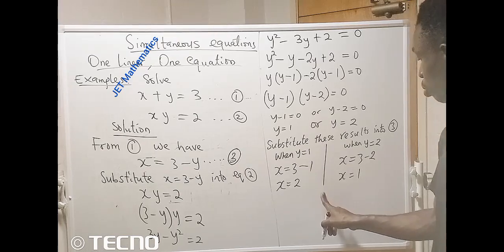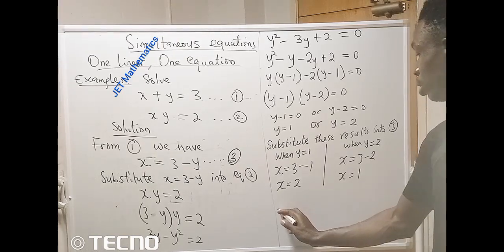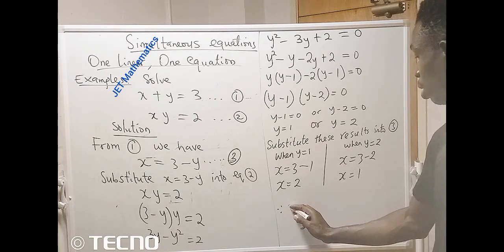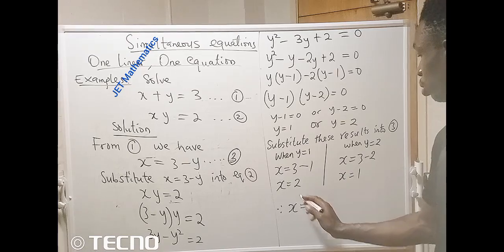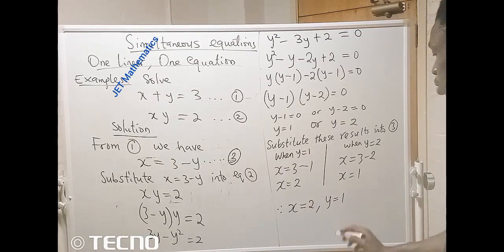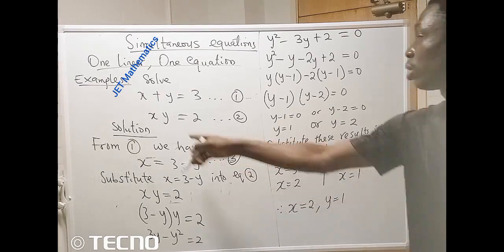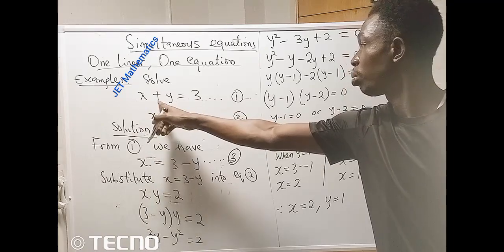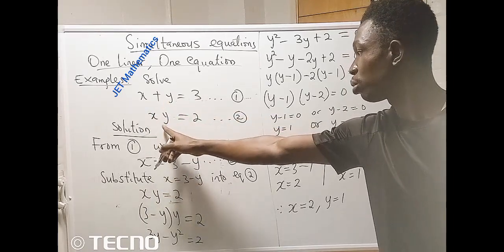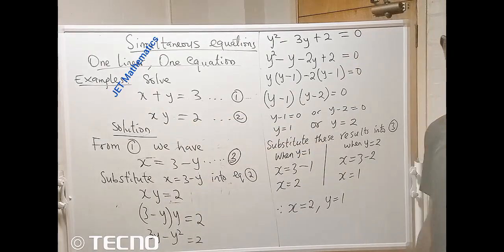So we can conclude we have two sets of solutions. The solution could be x equals to 2 when y is equals to 1. When we substitute this, x equals 2 plus y equals 1 gives us 3, and 2 times 1 also gives us 2.